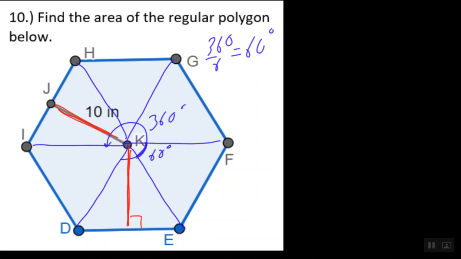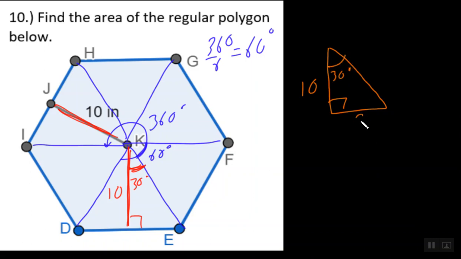Okay, and let's see, what are we given here? We're given that our apothem is a length of 10. Okay, so this one is a little bit of a trickier problem. Also, what do we know about the apothem? It cuts things in half. So 60 divided by 2 will give us 30. And this now gives us enough information to draw our right triangle. In this case, we know the apothem is 10. We know our angle right here is 30.